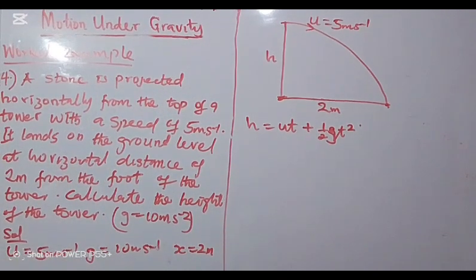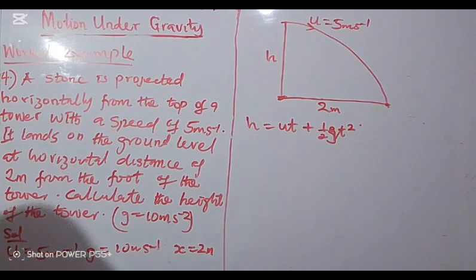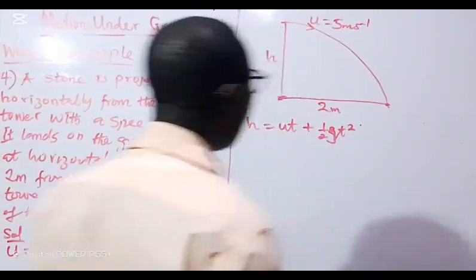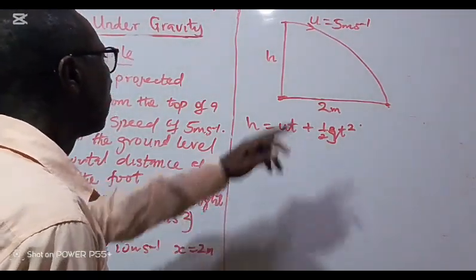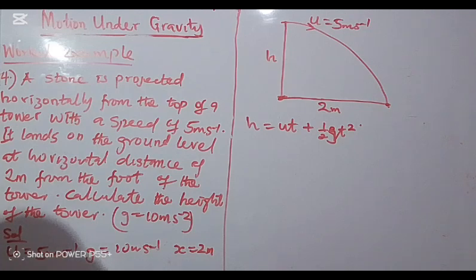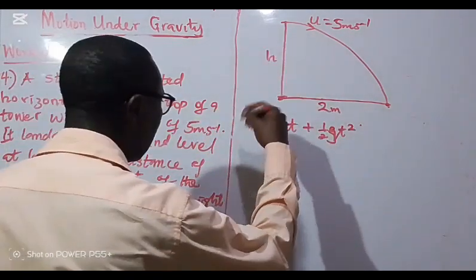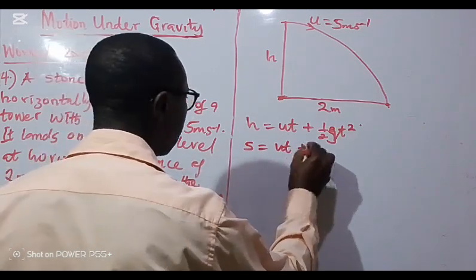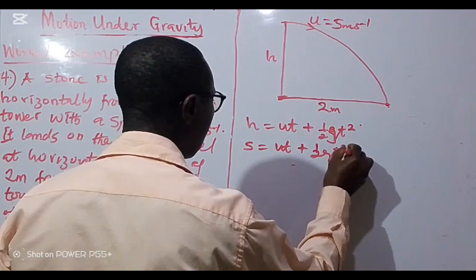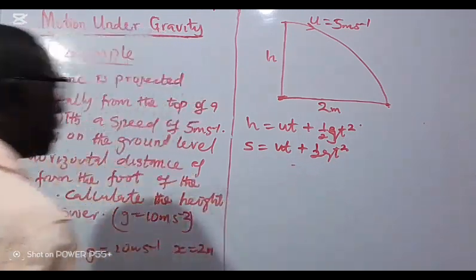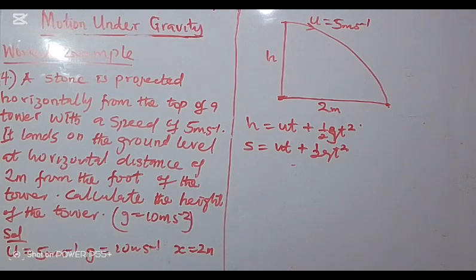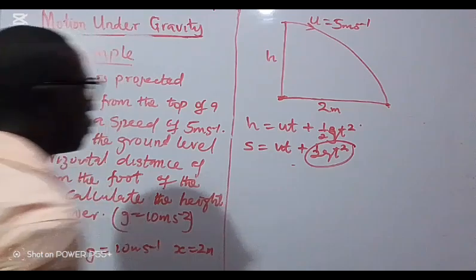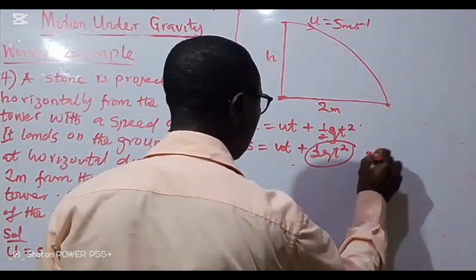Here also, time will be calculated. So let's write the second formula: s is equal to ut plus half gt squared. Why do I say g? Because as I told you, it combines the two topics together. Since there is no horizontal acceleration, as we said the other time, this one will be equal to 0. So g equals 0.